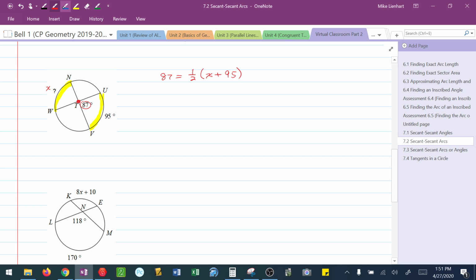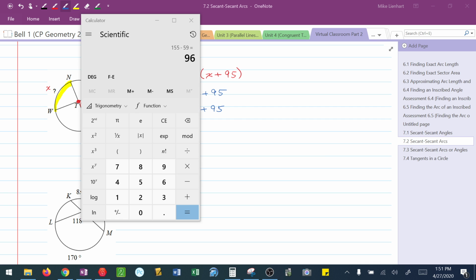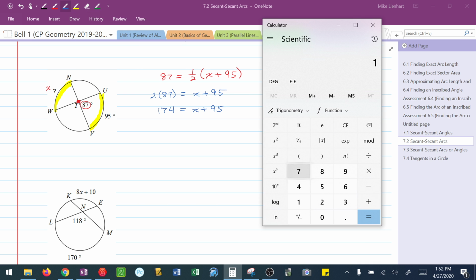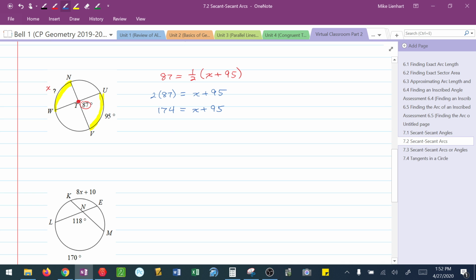I don't like it with the 1/2. I'm going to change it to 2 times 87 equals X plus 95. A little bit easier to work with. This is 174 is equal to X plus 95. Subtract 95 from 174, and I get X is 79.